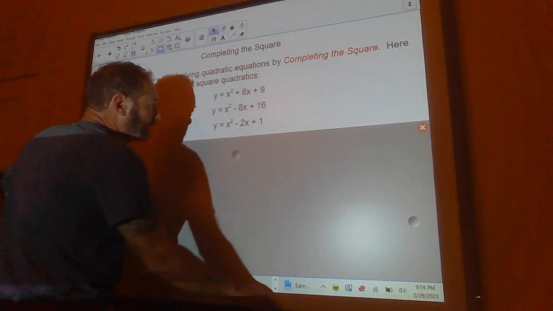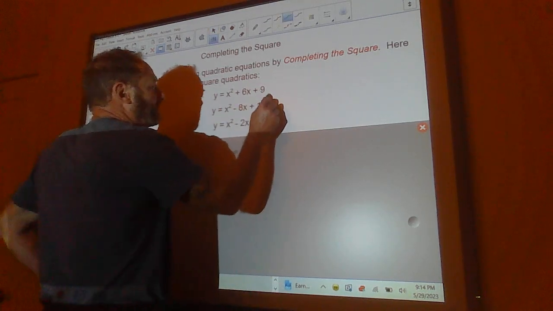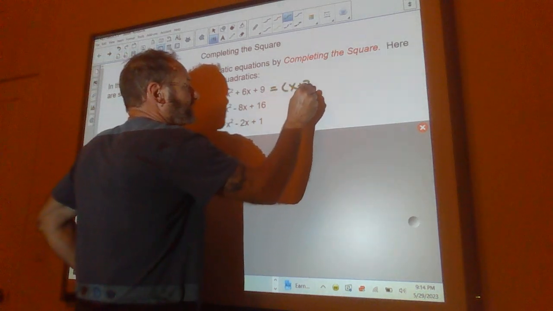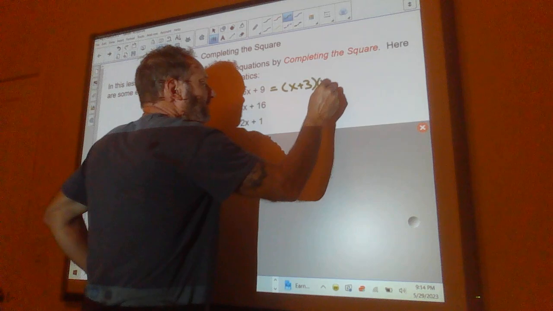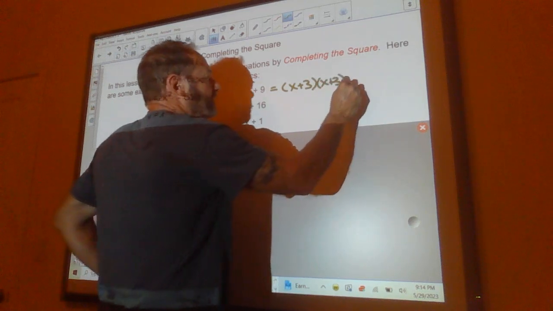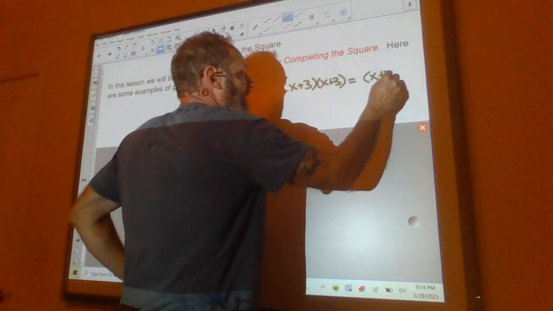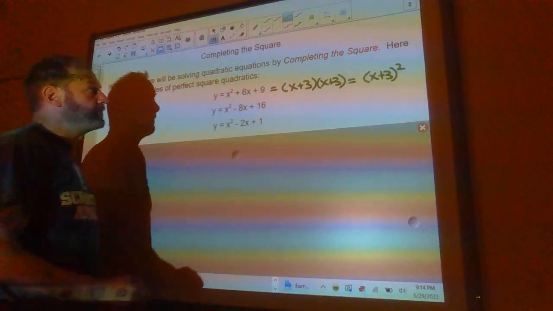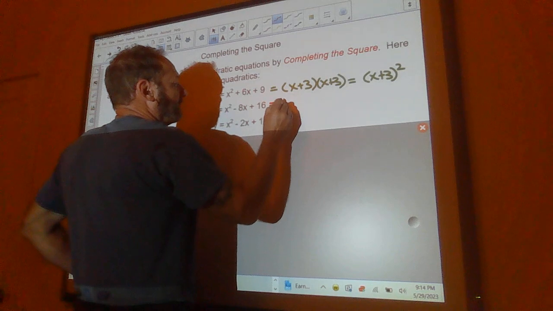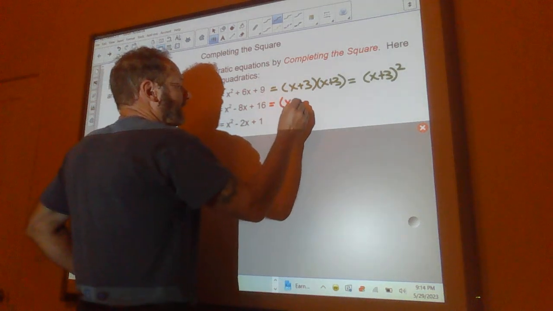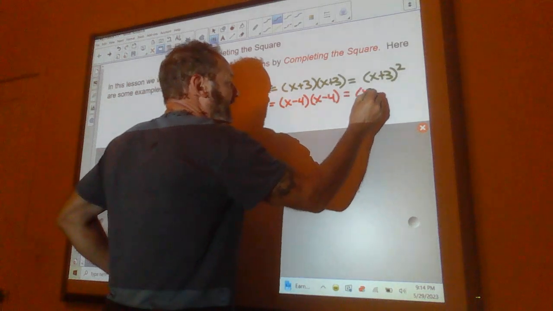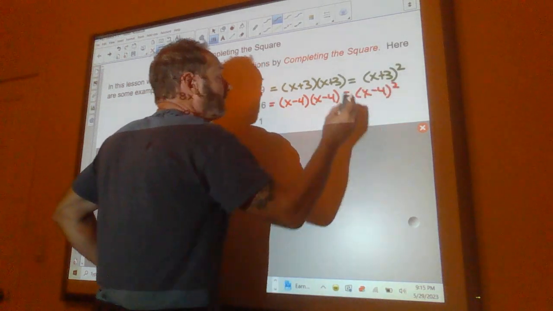Okay, so this equation here is a perfect square because it can be written as x plus 3 times x plus 3, which is x plus 3 squared. So that's a perfect square. This one here can be written as x minus 4 times x minus 4, which is x minus 4 squared.